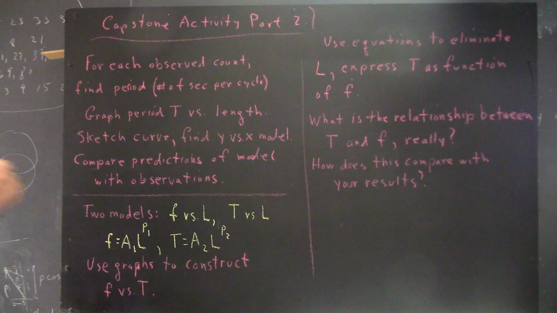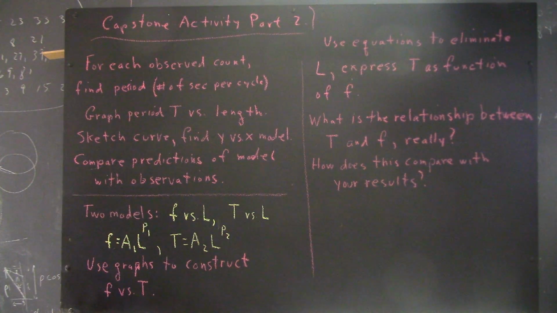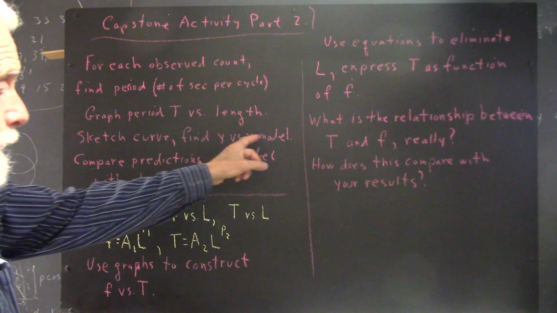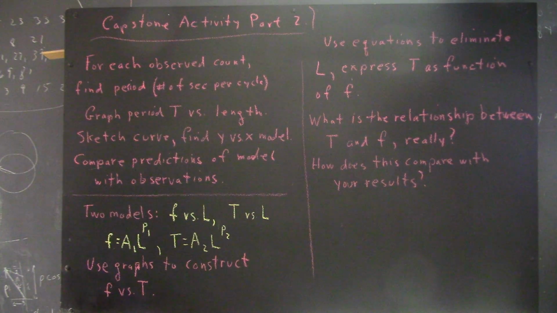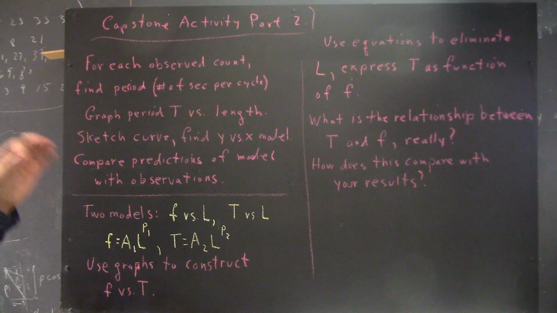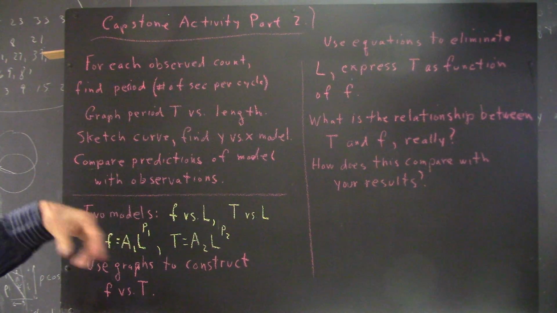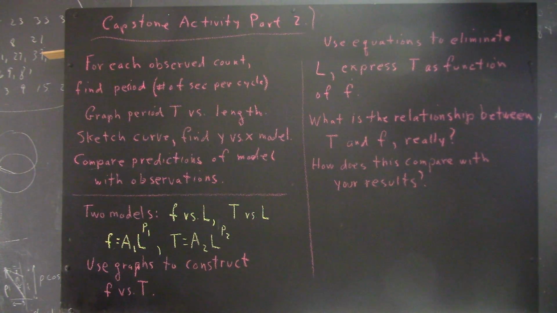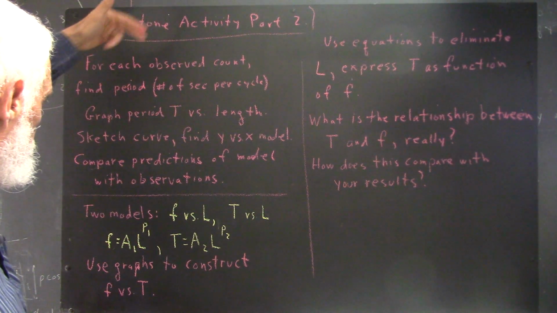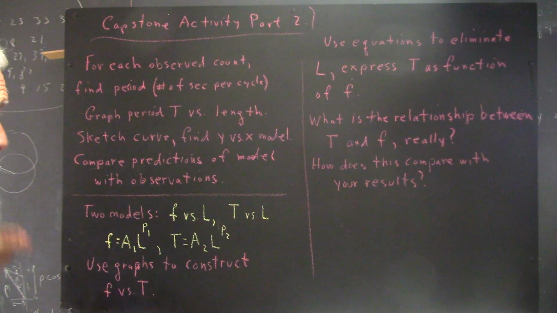Having determined this, you do just as we did before with the frequencies. You sketch your curve and you find your y versus x model using all the procedures we've developed so far. That means you're going to estimate your value of the y factor, use that to find your exponent p, and then plug the coordinates of one point on your curve into the model and evaluate the constant a.